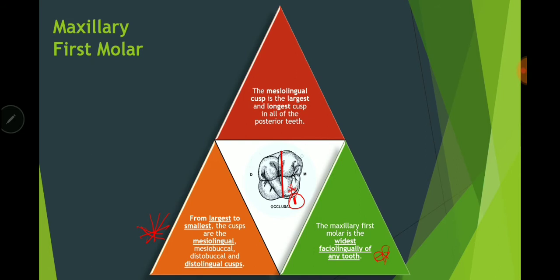Okay? So 2, and then 3 is going to be the distobuccal. You see that? It's very easy to memorize. And the fourth one is this one. So you're going counterclockwise, okay?